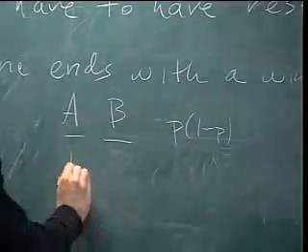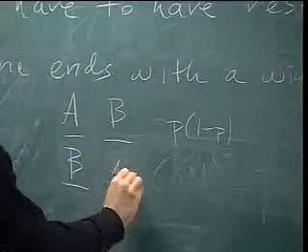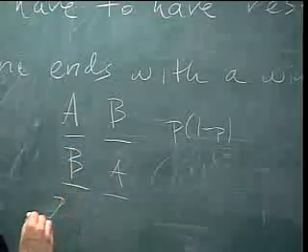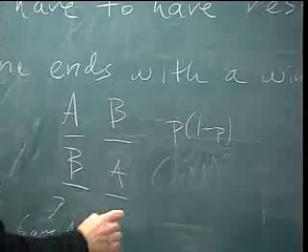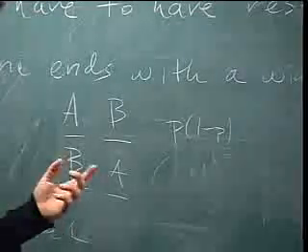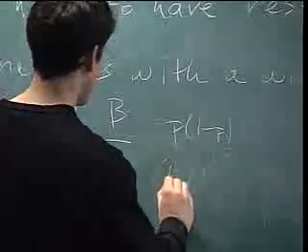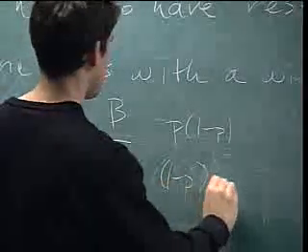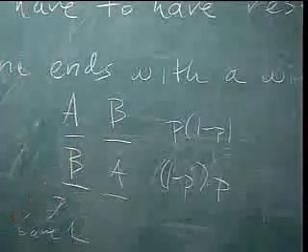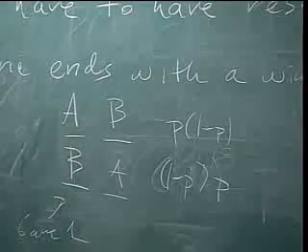So if B wins game 1, and A wins game 2, it happens with the same probability, which would just be 1 minus P times P. And then you sum those two up.